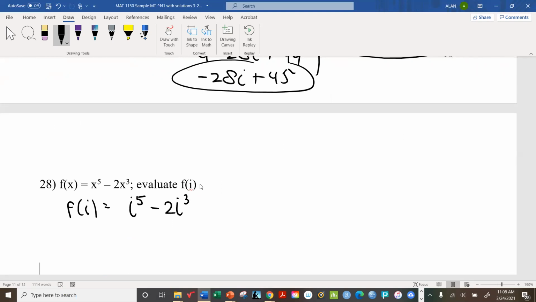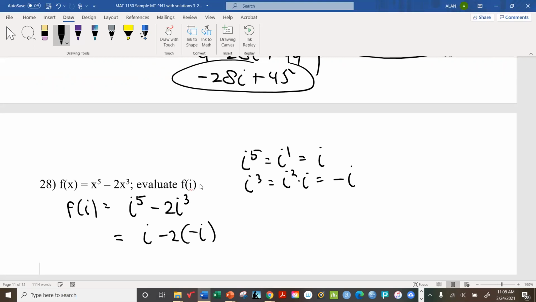Now, this is the answer, but remember, i to the fifth equals i to the first, which is just i. i cubed is the same thing as i squared times i, which is negative i. So this could be rewritten as i minus 2 times negative i, which is i plus 2i.